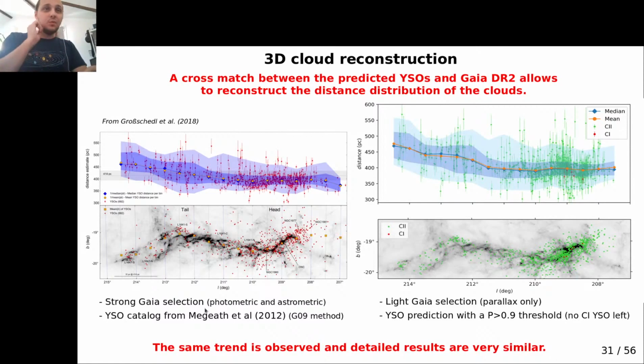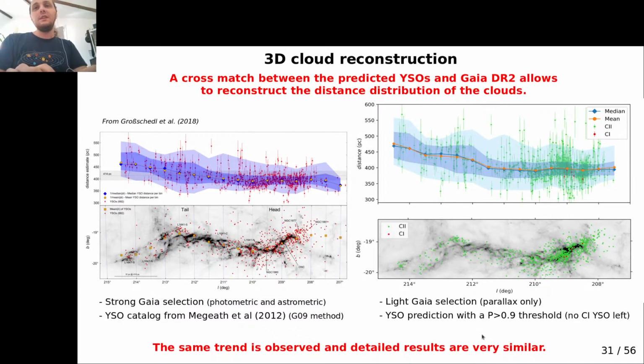And we wanted to see if our approach, which provides a membership probability, can help us lighten the Gaia selection. So you can see that here we have solely applied a parallax quality selection, with just a parallax over parallax uncertainty above 3, while here it's a much more complex selection.